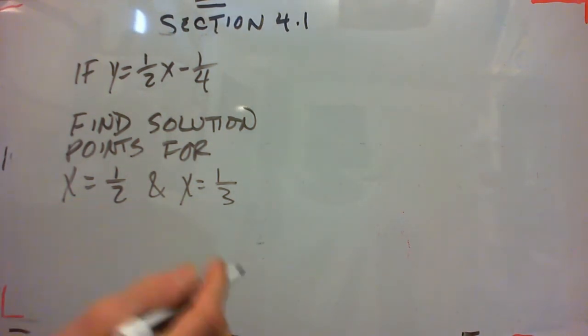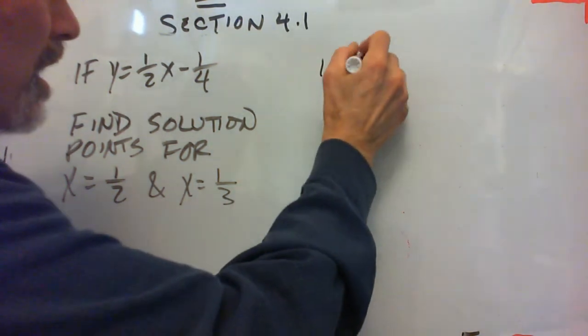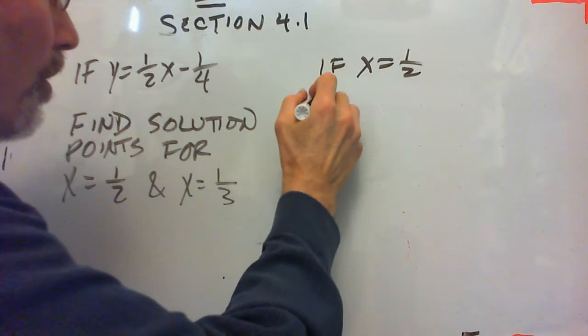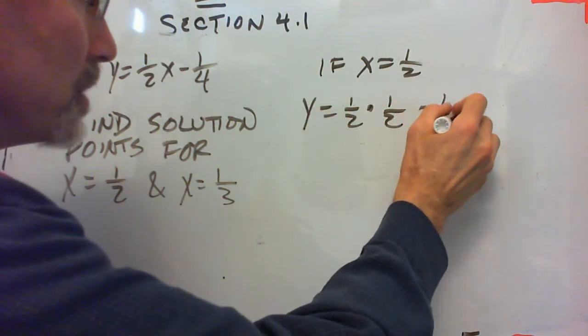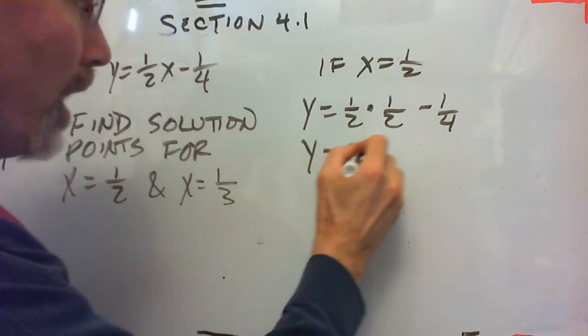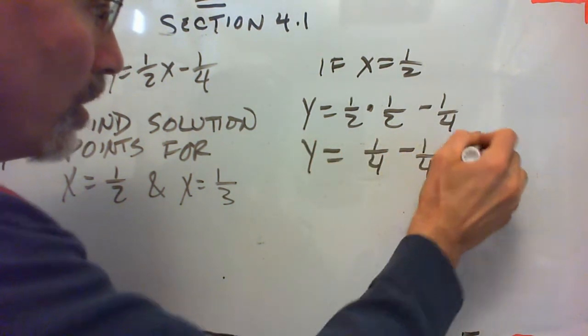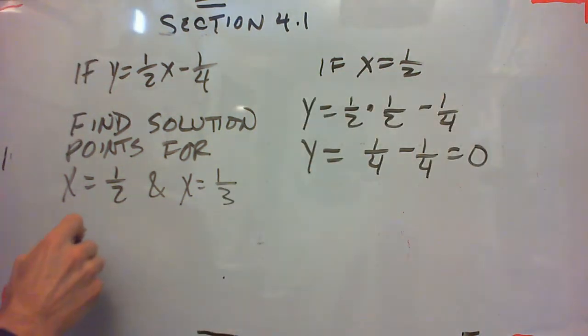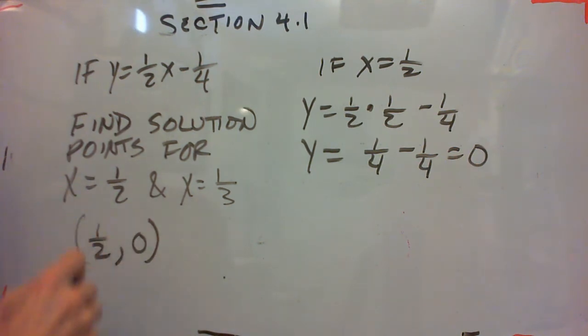So we just plug those values of x in. If x is 1/2, y is 1/2 times 1/2 minus 1/4. So y is 1/4 minus 1/4, which is 0. So one of my solution points is 1/2, 0.